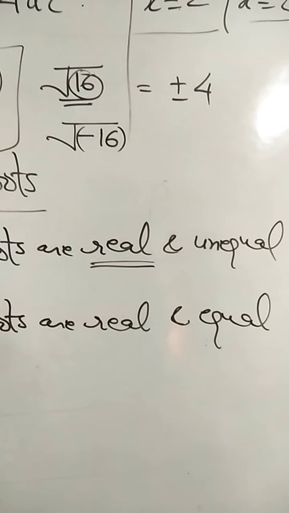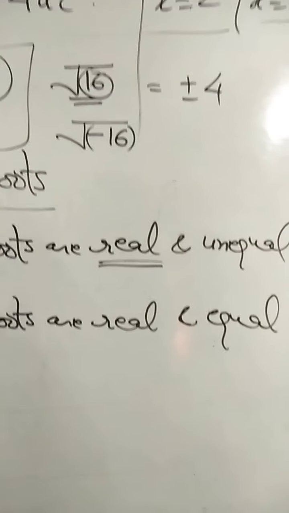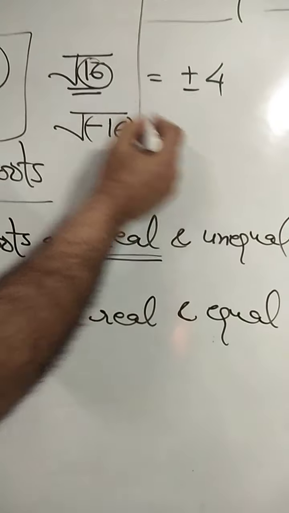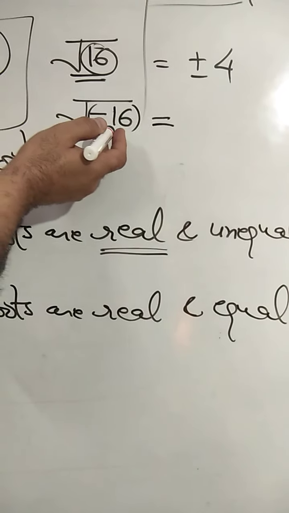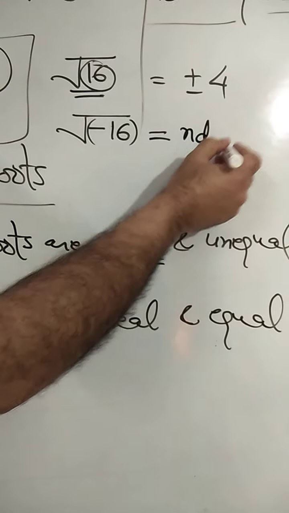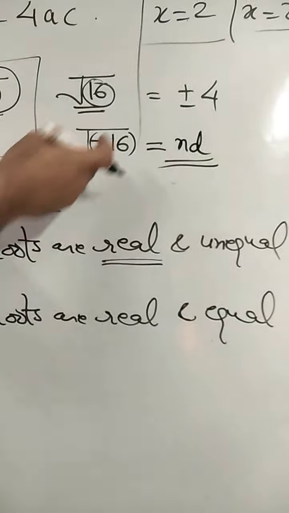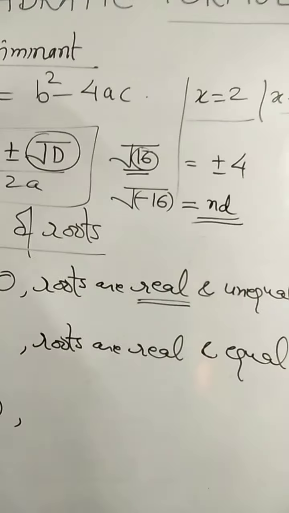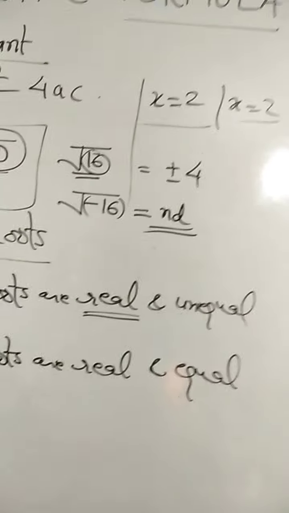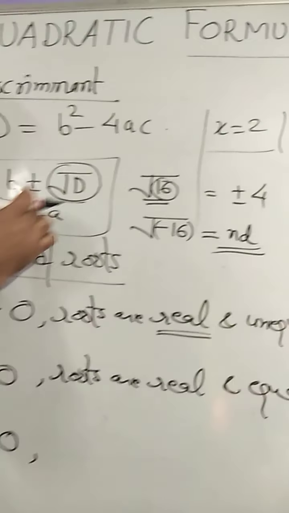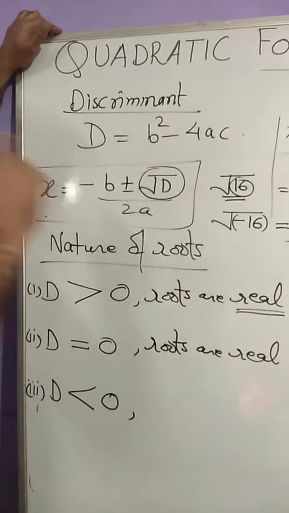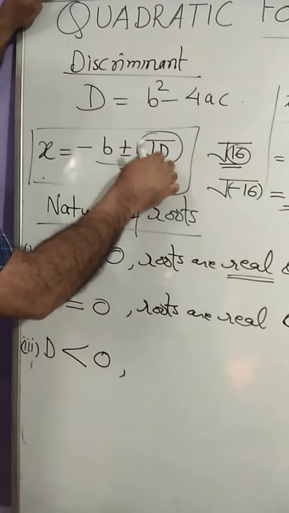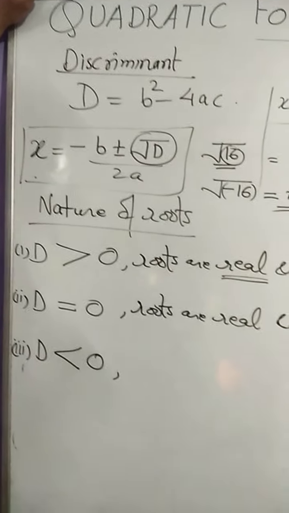Square is always a positive quantity. So जब ये वाली टर्म आ जाती है तो हम क्या बोलेंगे? We'll say this term is not defined. कि ऐसा कोई नंबर ही नहीं है जिसका स्क्वायर नेगेटिव आता है, because square is always a positive quantity. क्योंकि डिस्क्रिमिनेंट स्क्वायर रूट के अंदर आता है तो अगर ये नेगेटिव हुआ तो ये टर्म तो अनडिफाइंड हो जाएगी.